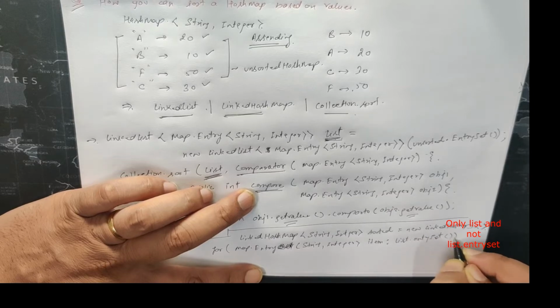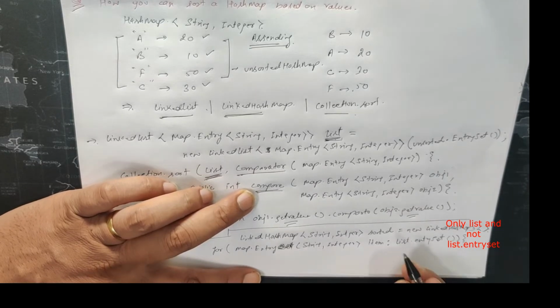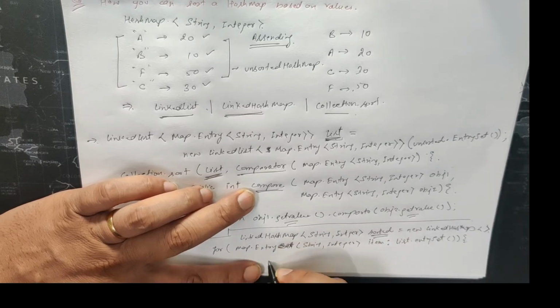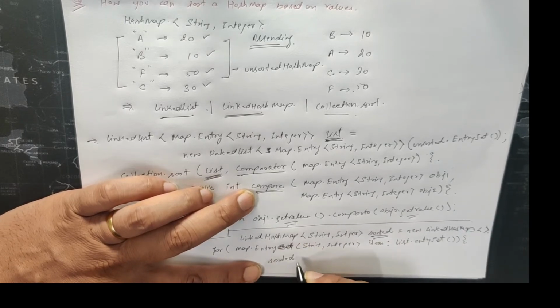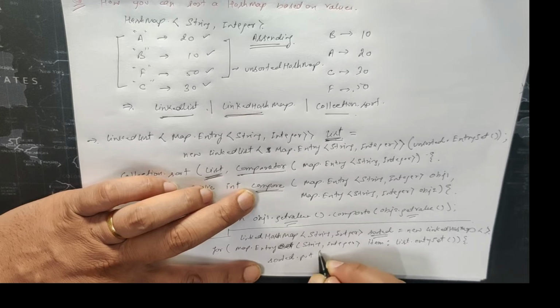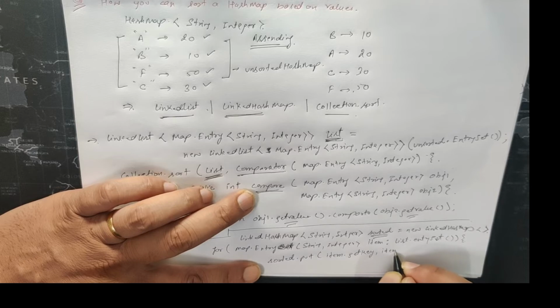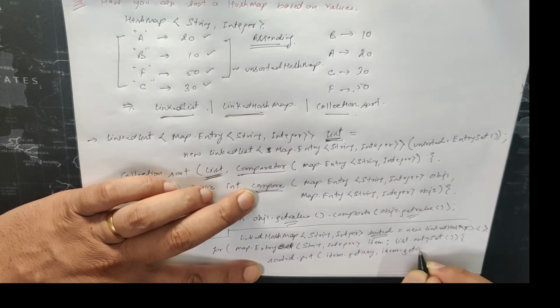Okay, so once we get this item, right, we can start putting these items into that sorted HashMap using this put: item.getKey() and then item.getValue().